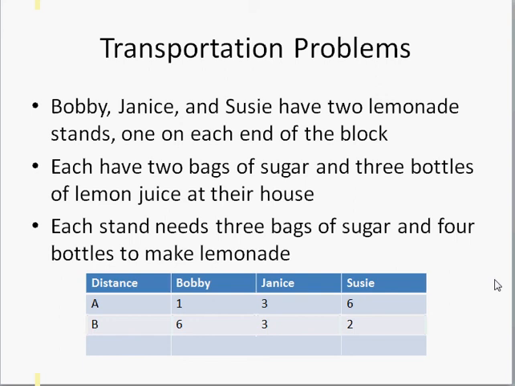This is common to both transportation and assignment. So the difference when you're doing an HR type question is that the supply is always 1 per person, and the demand would be 1 per job. So if you're assigning people, it's like assigning sugar, it's just there's always only 1 bag or 1 thing.